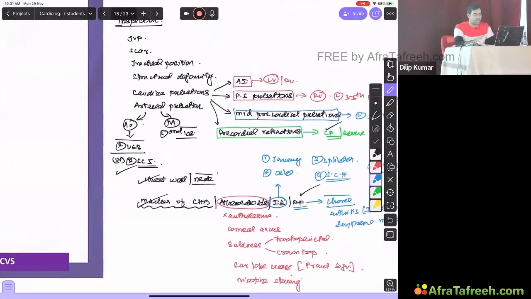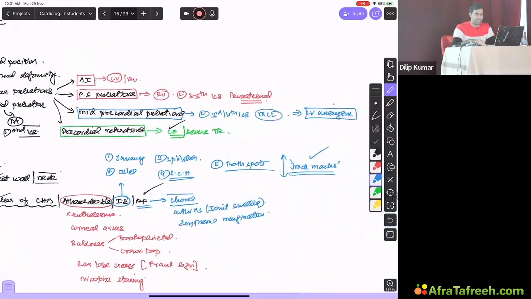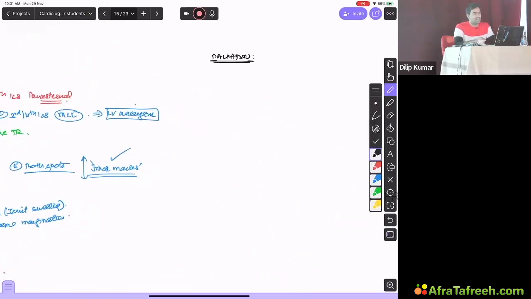Okay, you have looked out for so many things, inspection-wise. Then what about palpation? Inspection is done. Now, let us move on to palpation. Remember, our hand and fingers will not be able to pick up low frequency vibrations. Anything less than 5 Hertz, we are not sensitive enough to pick up.